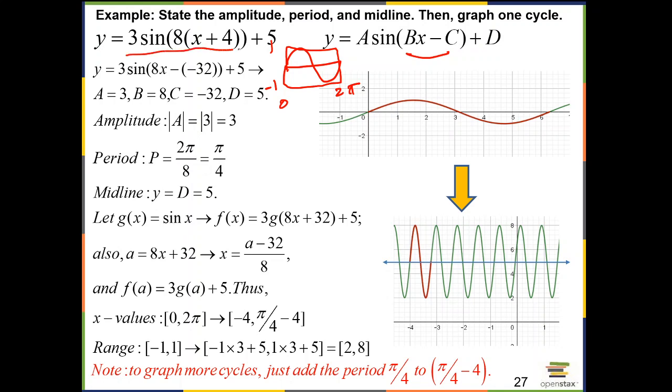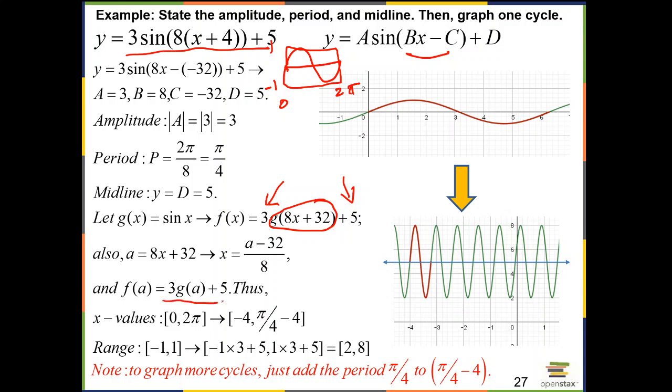So think of this as 3g of 8x plus 32 plus 5. If you multiply, it is 8x plus 32, right? So the y is going to change according to this transformation: multiply by 3 and add 5. That's what happens to the y coordinate.